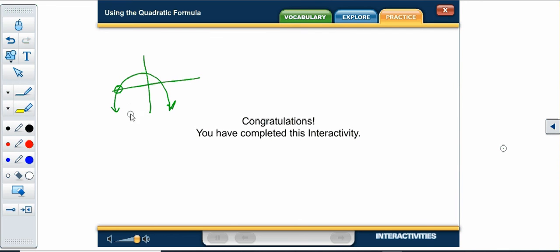We can't measure time, which is what the x-axis is measuring, in negative. So this cannot be the answer. And you end up just using the positive, right? Which is telling you how many increments of time have passed until it hits the ground.